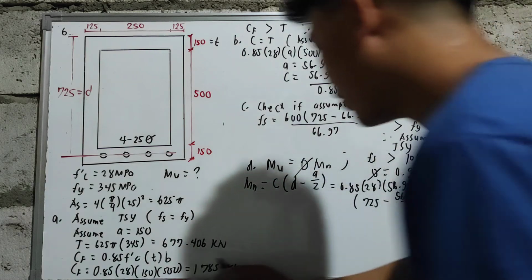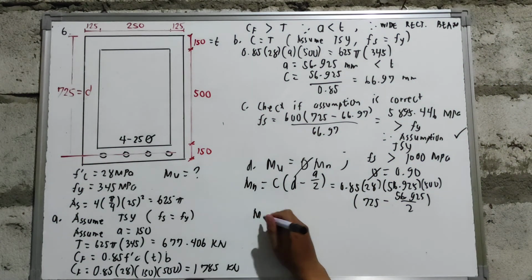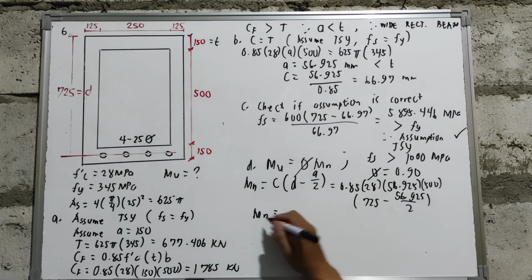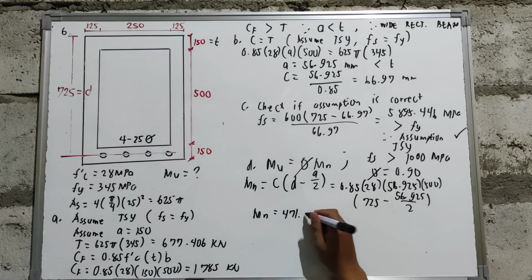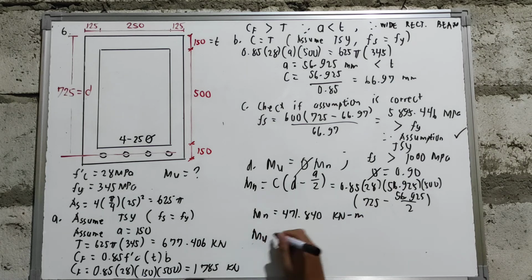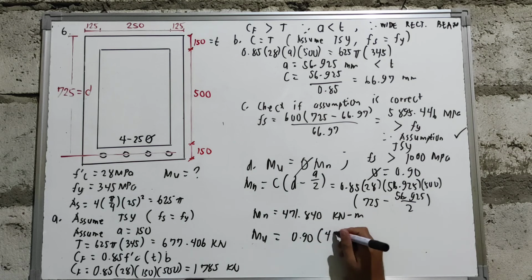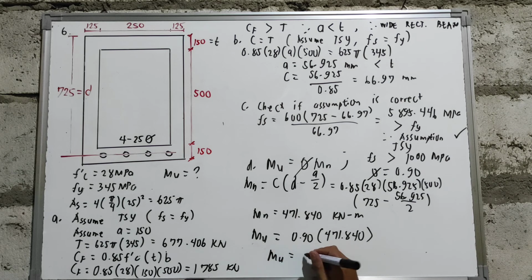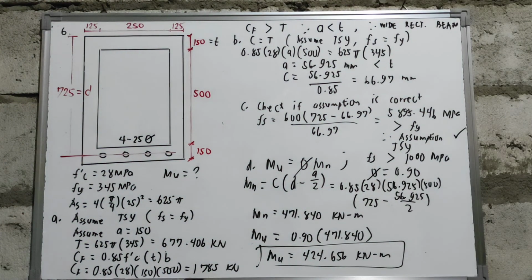So, you have a value of your nominal moment capacity which is equal to 471.814 kilonewton meter. And computing for your ultimate moment capacity, reduction factor na 0.90 multiplied by the nominal moment na 471.840. So, you will have a value of your MU which is equal to 424.656 kilonewton meter. So, this will be the value of your ultimate moment capacity.